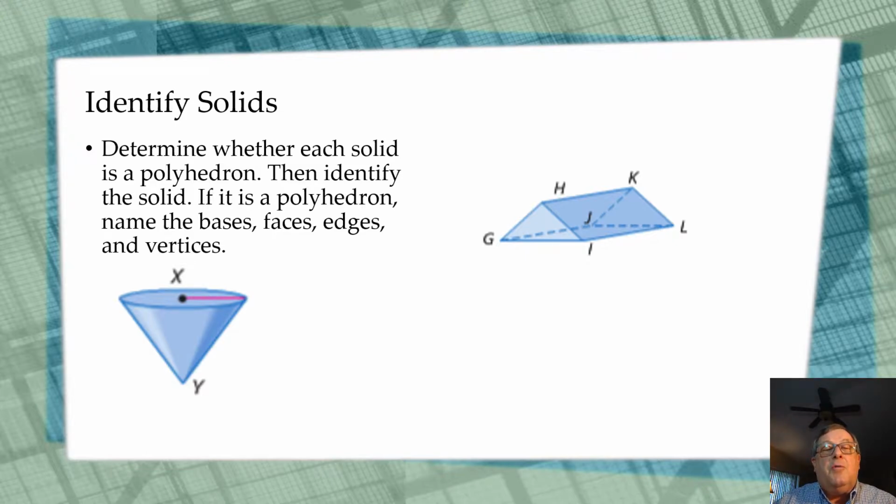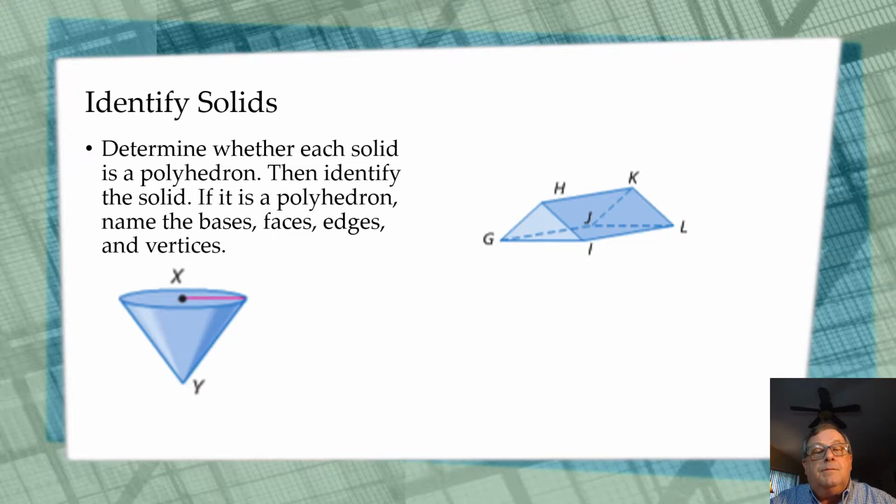So here it says, determine whether each solid is a polyhedron, and then identify the solid. If it is a polyhedron, name the bases, faces, edges, and vertices. So let's look at this one here in the bottom left of your screen. First question, is this a polyhedron?